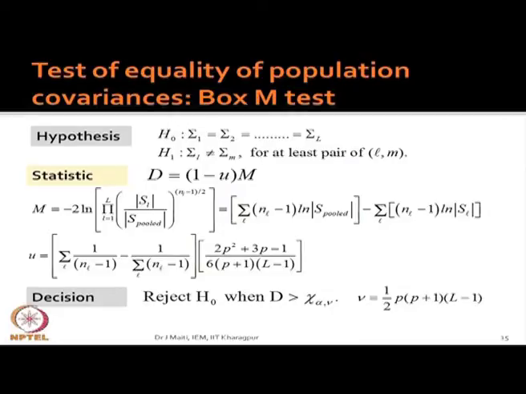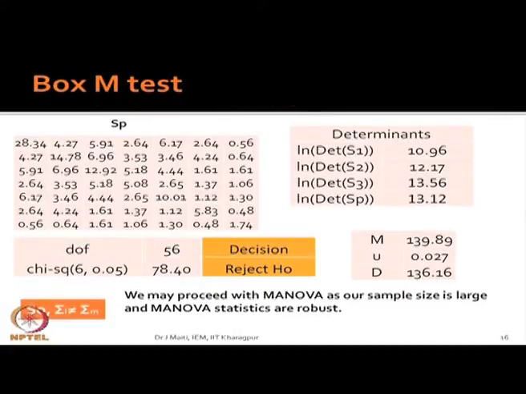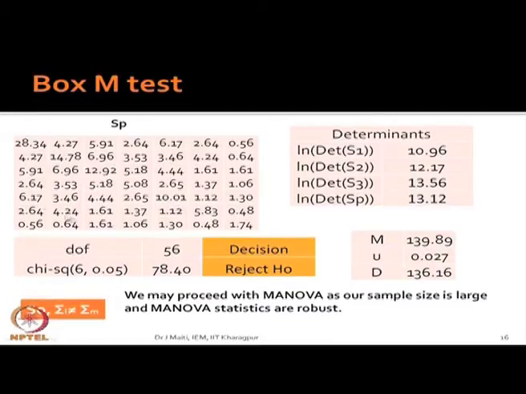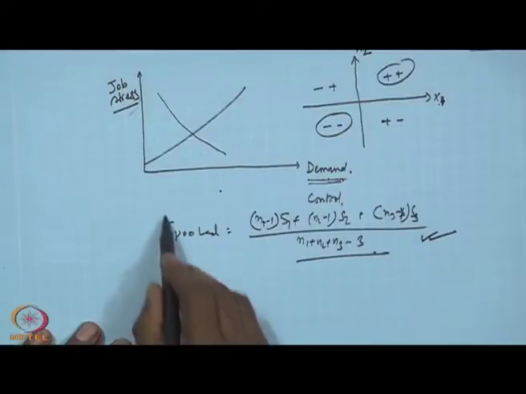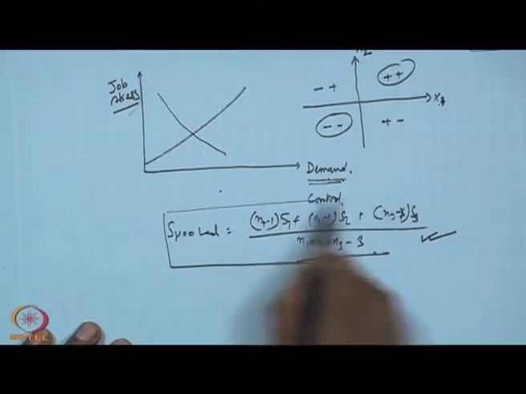Now, we will show you the Box test here. As the data is exhaustive, a large amount of data, and we cannot calculate manually, I have used Excel. In Excel you can calculate all those things very well. So, first we have calculated SP using this formula.